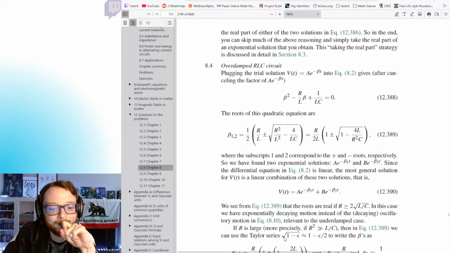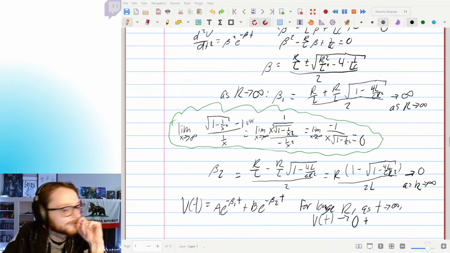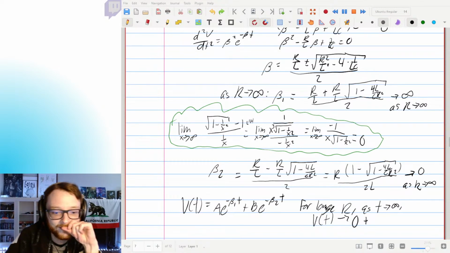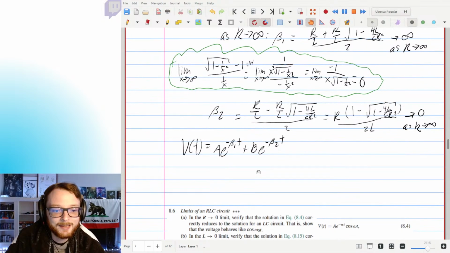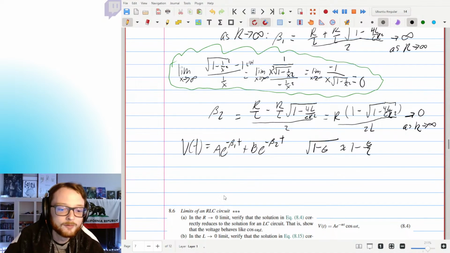Root 1 minus epsilon is about 1 minus epsilon over 2. You never suspect the Taylor series inquisition. I need to remember to use these things more. Root 1 minus epsilon is about 1 minus epsilon over 2.